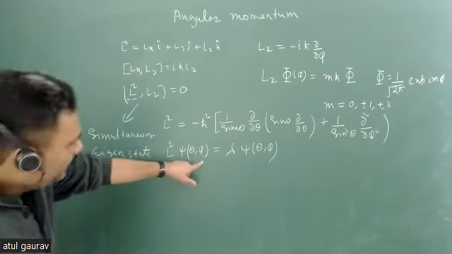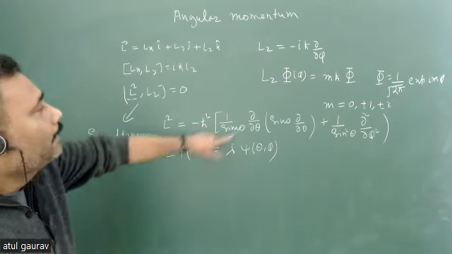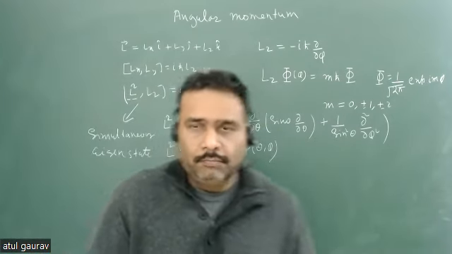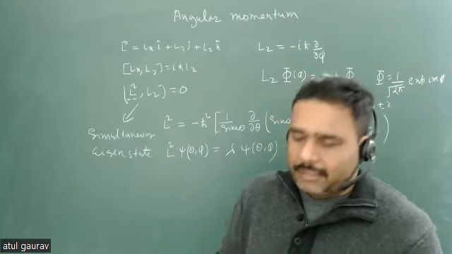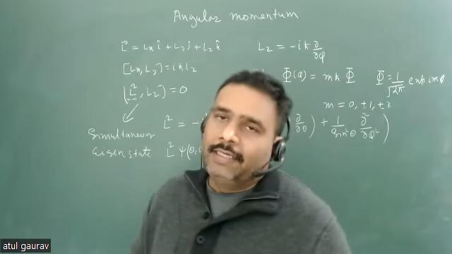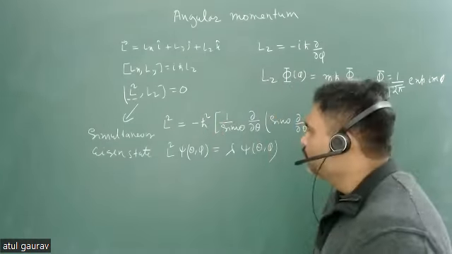So psi theta phi is also an eigenstate of Lz, if it is an eigenstate of L square.